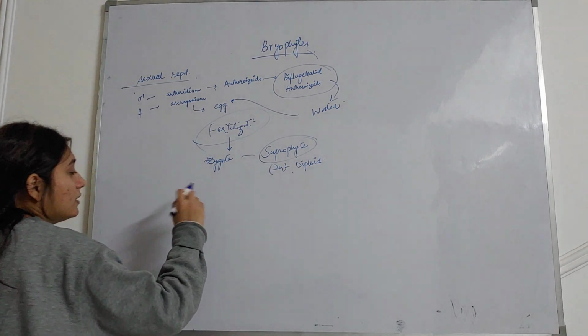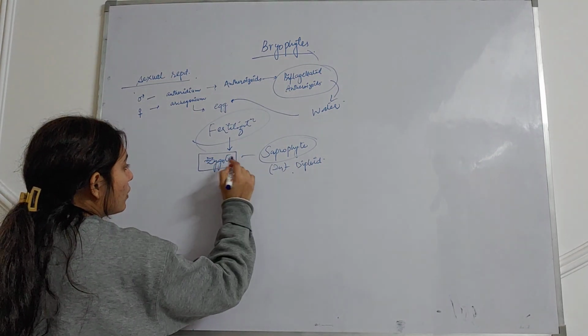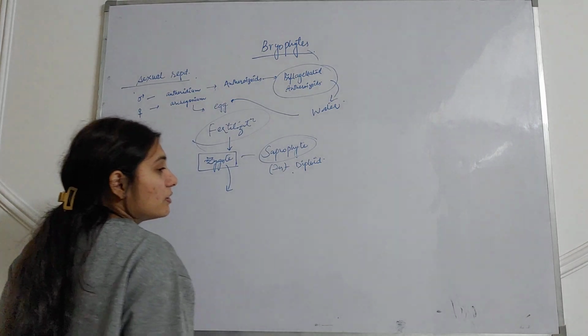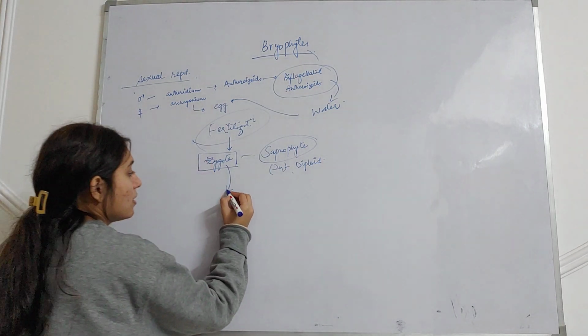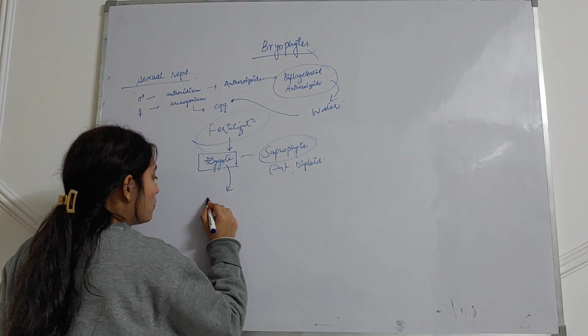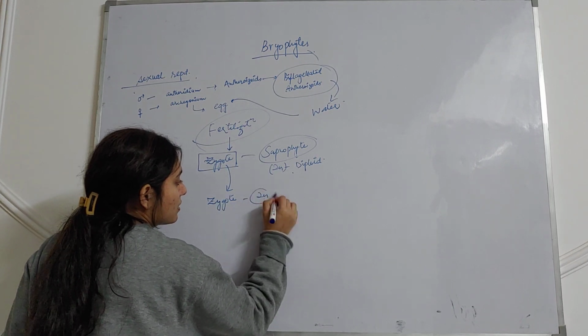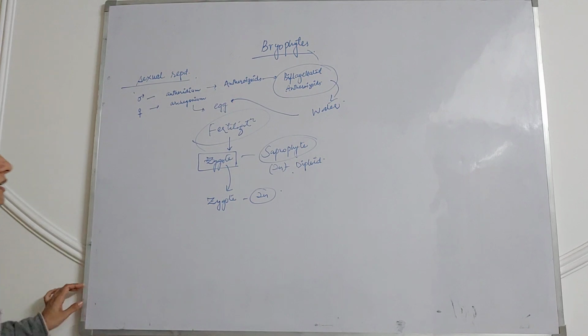Now, zygote does not immediately enter into the next phase, but for some time it possesses the sporophytic or diploid phase.